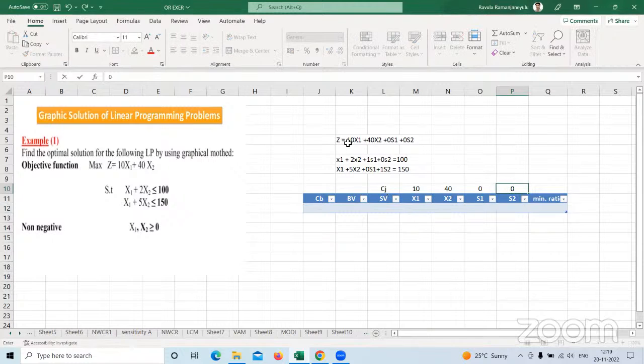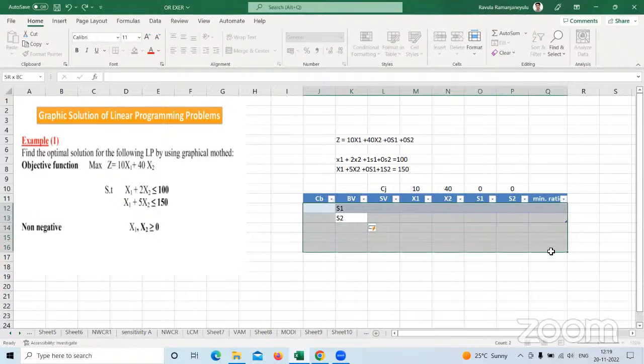These are the values of the objective function. Then in the first table, Table 1, this is the table we are preparing. In the first iteration, or the basic iteration, we need to consider the basic variables as the slack variables S1, S2. So every time we need to consider these things.